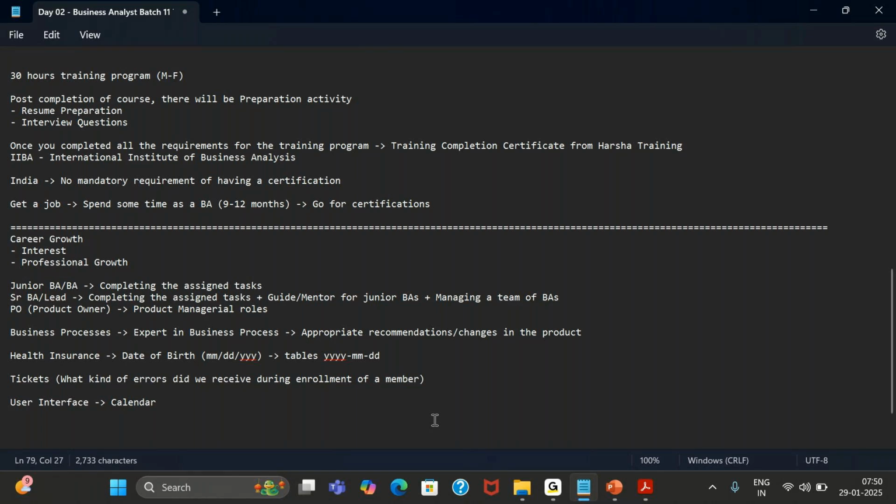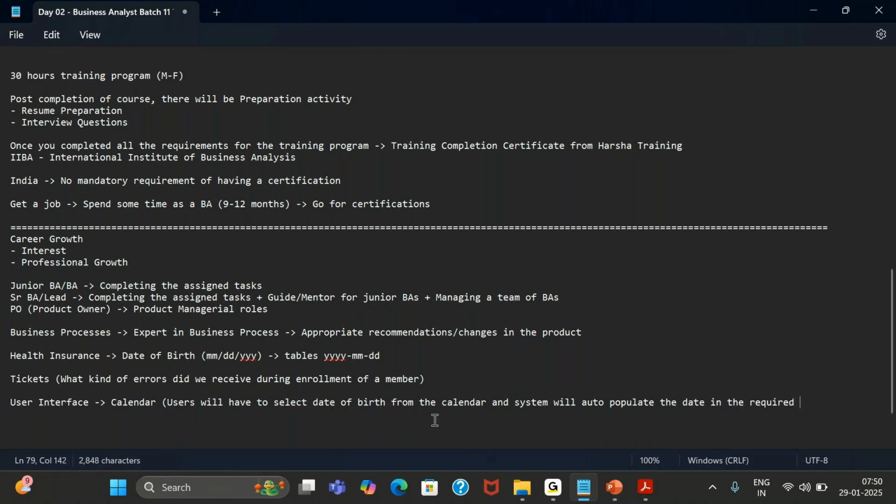Once you replace it with a calendar, all users will have to select their date of birth from the calendar, and the system will auto populate the date in the required format.